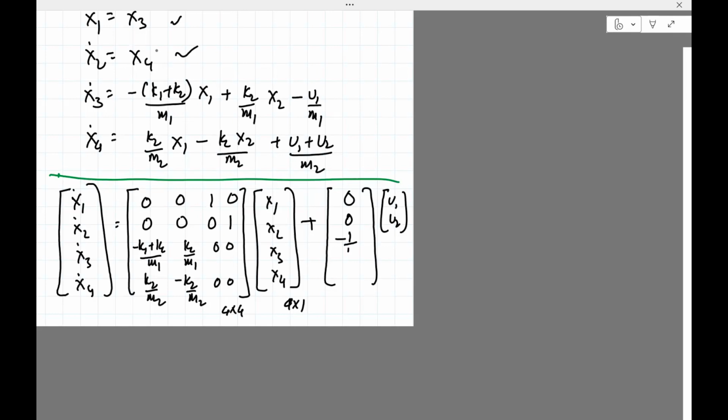The second one has minus 1 divided by M1. Oh, well, there are two of them, my bad. This should be a 4 cross 2, right? So 0, 0, 0, 0, and then minus 1 divided by M1, 0, 1 divided by M2, 1 divided by M2. So it's all consistent.